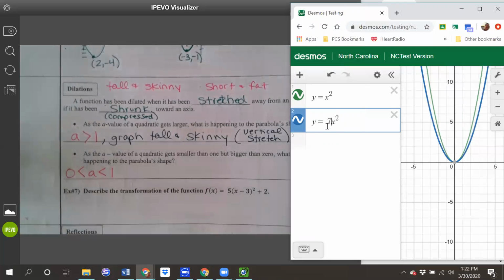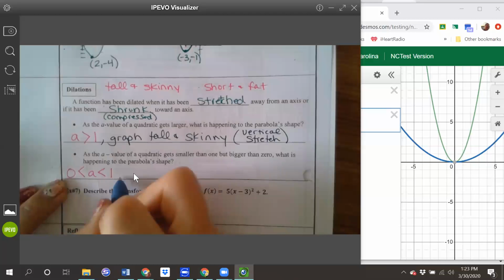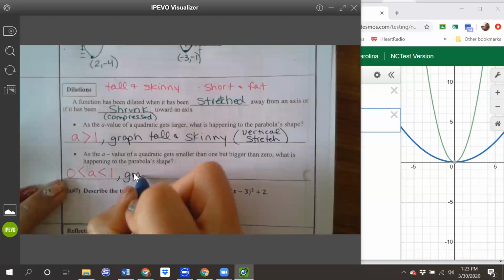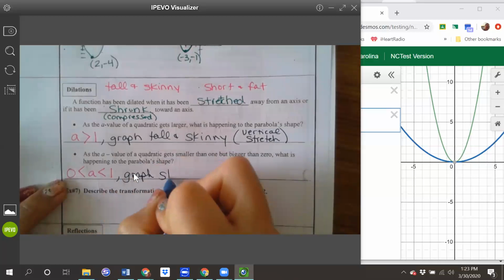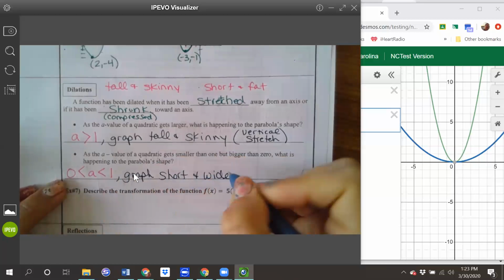Or 0.7? Or 0.5? Or 0.1? Do you see what is happening the smaller this A value gets? The smaller this A value gets, the shorter and the wider my parabola becomes. So the smaller my A value gets, the graph is getting short and wide.